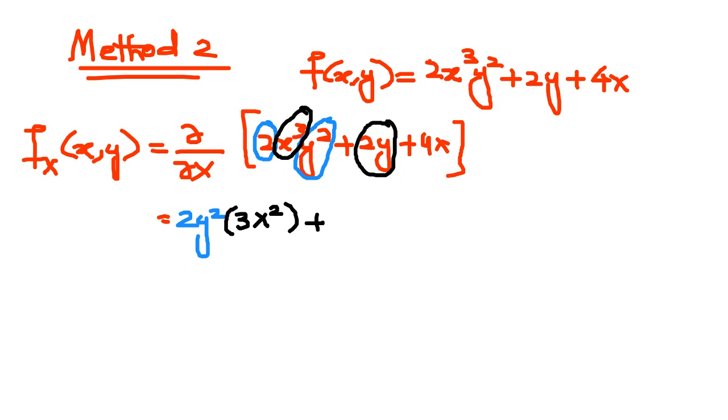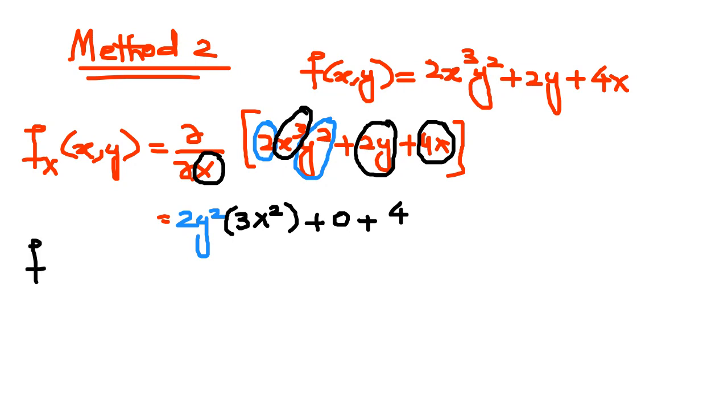So what is the derivative of a constant? 0. Because with respect to x, y is a constant. Okay, when you do with respect to y, then the derivative is 2. With respect to x, the derivative is 0. Okay, so what is the derivative of 4x? 4. So right here 4.